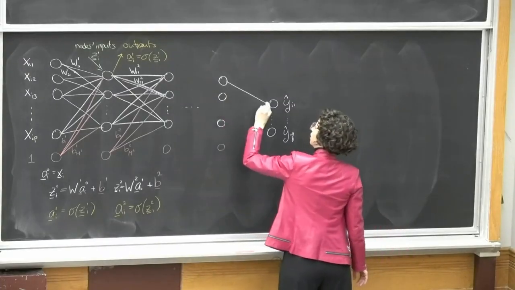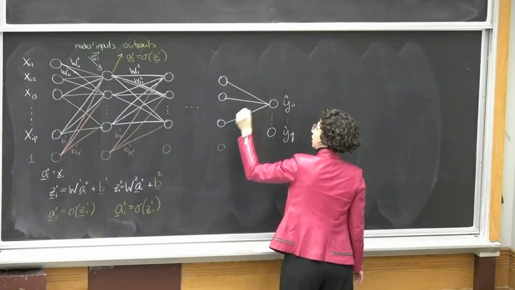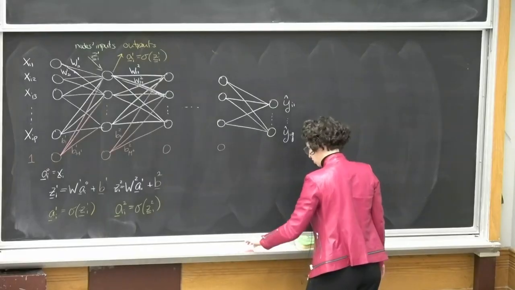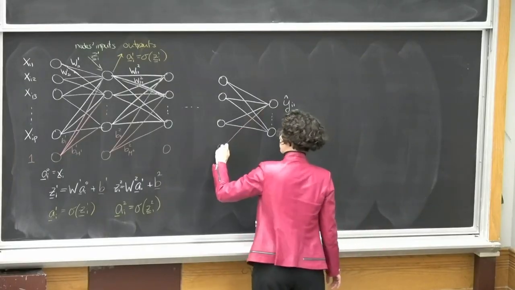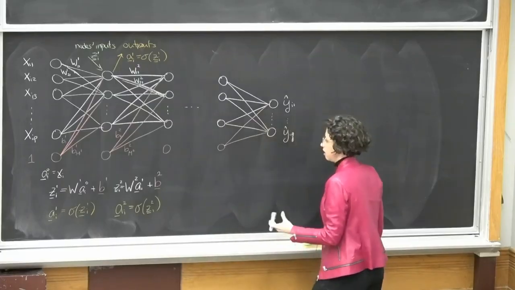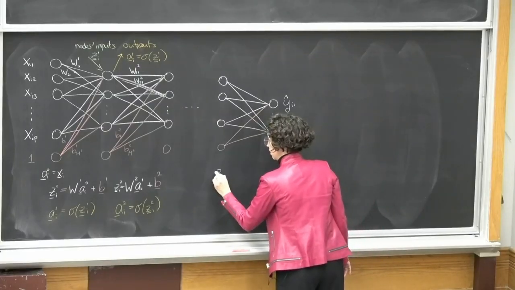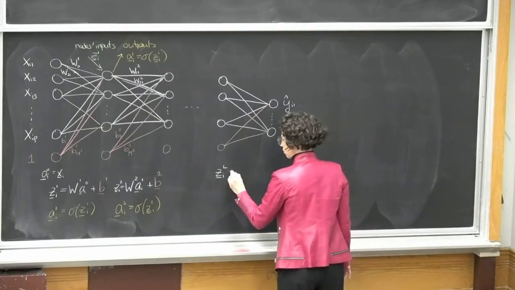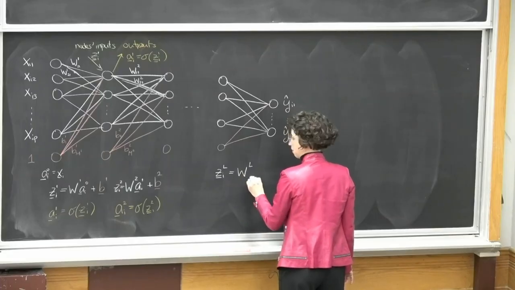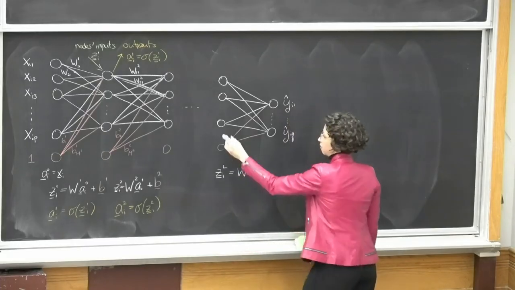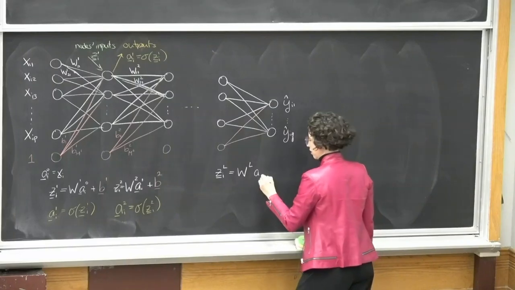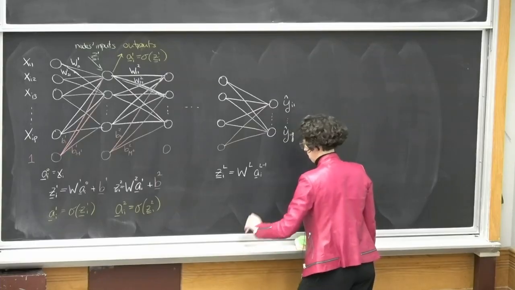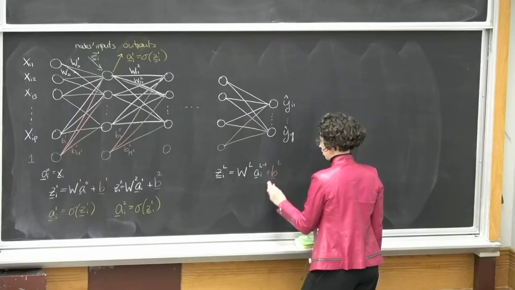And just like we did with all of the other layers, we are using the results from the outputs of the hidden layer before and feeding those into these output nodes. And so what we're saying here is that Z_i^L for my final layer of outputs is going to be equal to W^L times the output of my penultimate layer, or my last hidden layer, so A_i^(L-1), plus my biases, b^L.